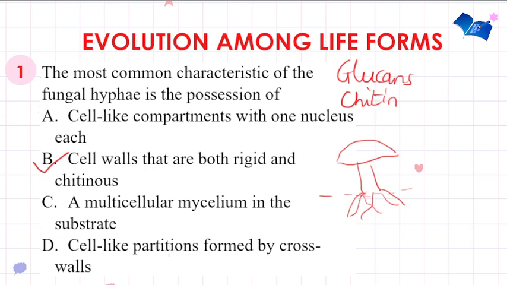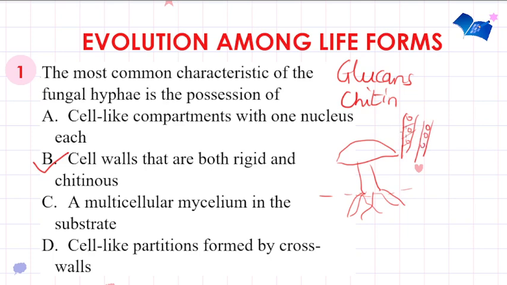And now let's look at cell-like partitions formed by cross walls. It has cell-like partitions, but not every fungal hyphae has them. Some are like this, while some just lie like this.